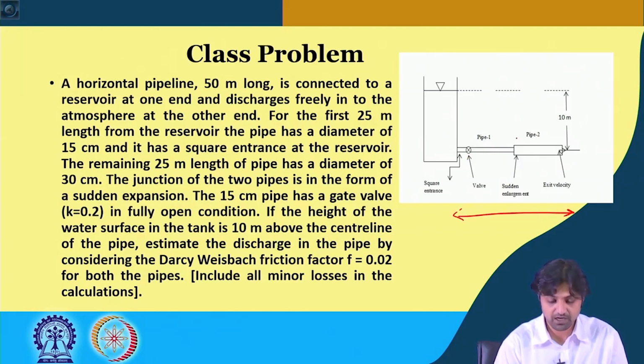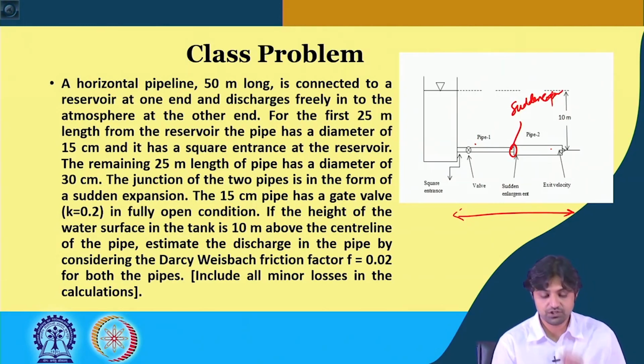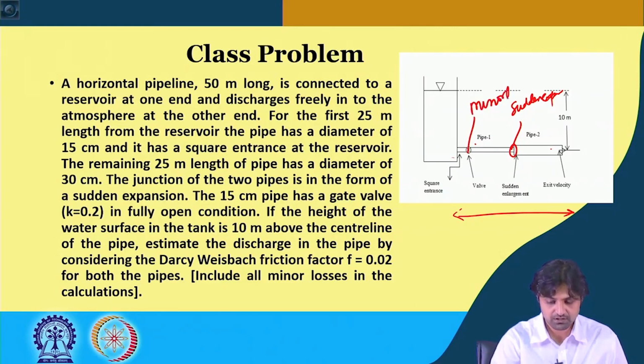This is pipe 1, and the diameter is different here and here. So the junction of the two pipes is in the form of a sudden expansion. That means there is going to be an energy loss, a minor loss. It's also told that there is going to be a gate valve in the 15 centimeter pipe, so there is going to be another minor loss here.